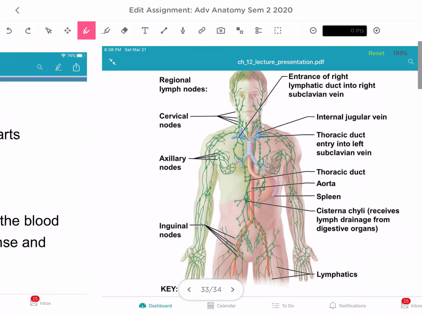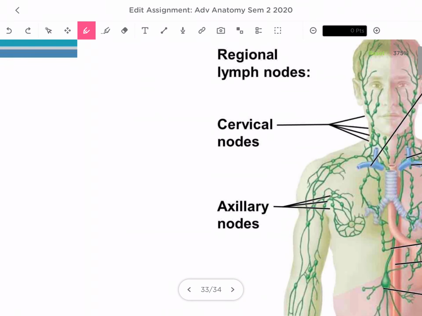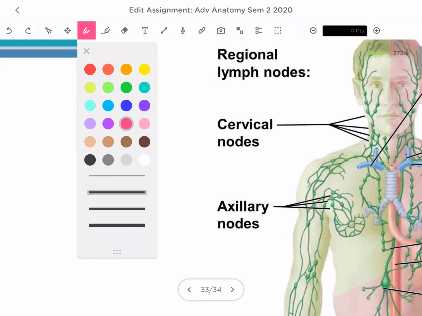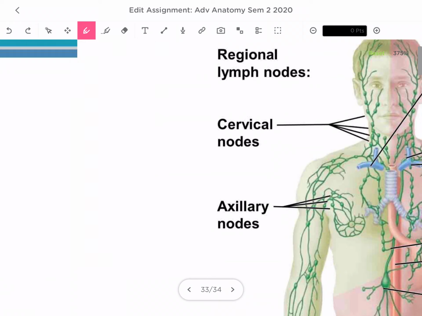Now, the lymphatic system is really awesome because it has two really important functions. I'm going to start by writing those functions right here. The first one, and this is probably something you didn't even know, is that the lymphatic system returns fluid back to your blood.